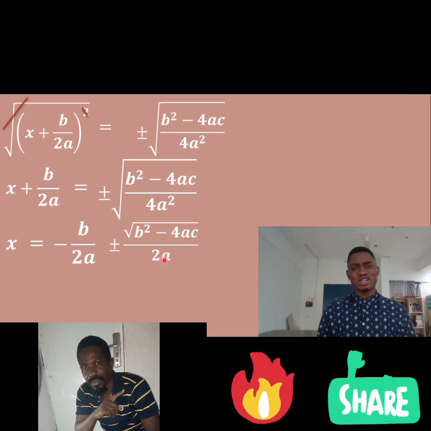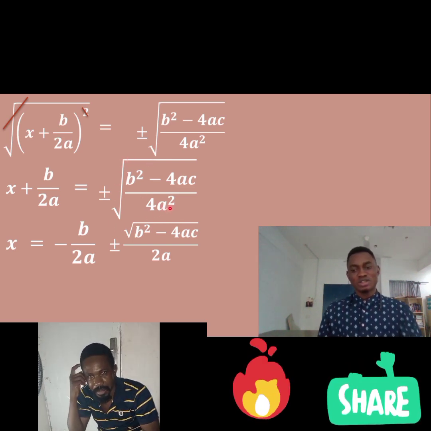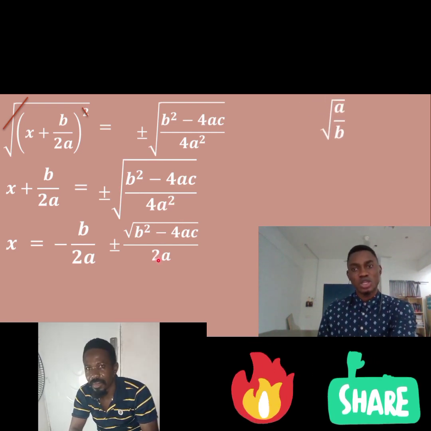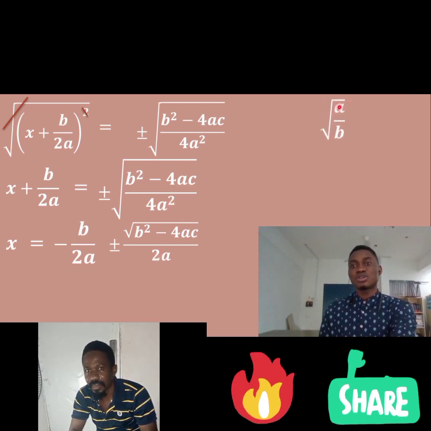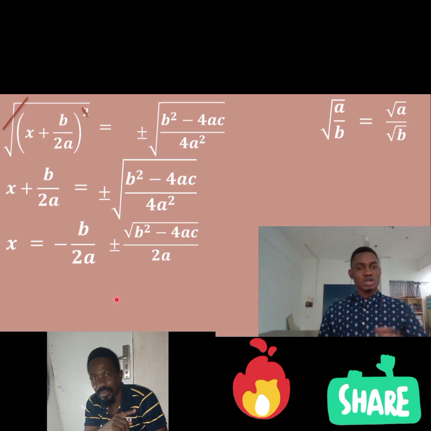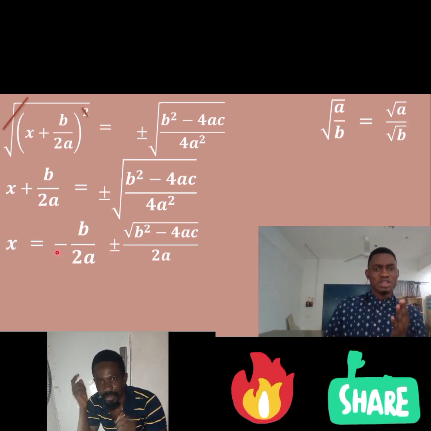You might be wondering what happened to our 4a squared. Of course, this square root covers 4a squared, so we have taken the root of 4a squared to get 2a. Don't forget that root of a over b is the same as root of a all over root of b. Looking at our equation, you can see that the denominators are common.